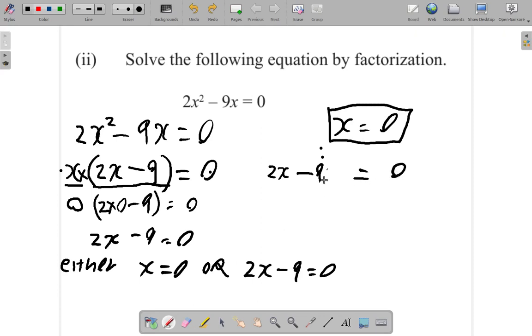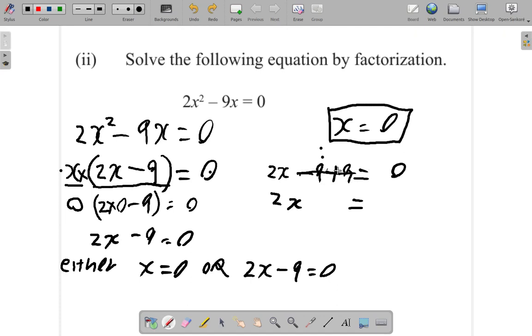Give the 9 some space. Equals 0. To get rid of negative 9, you add 9. Negative 9 plus 9 is 0. So you have 2x. You don't have to worry about the 9 anymore on the left hand side, because negative 9 plus 9 is 0. This is gone.